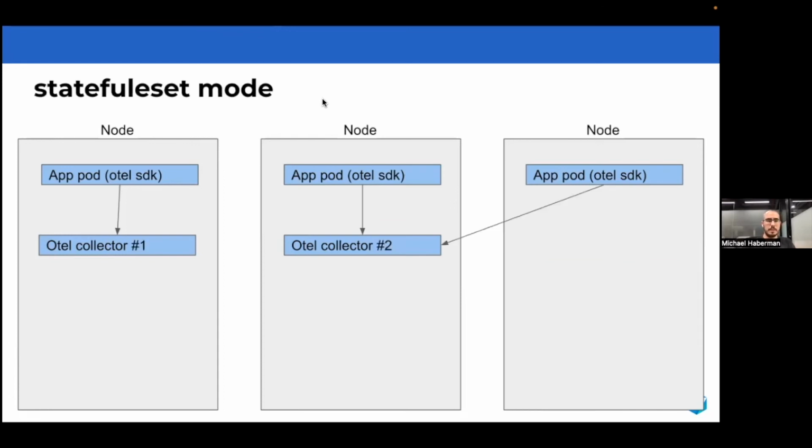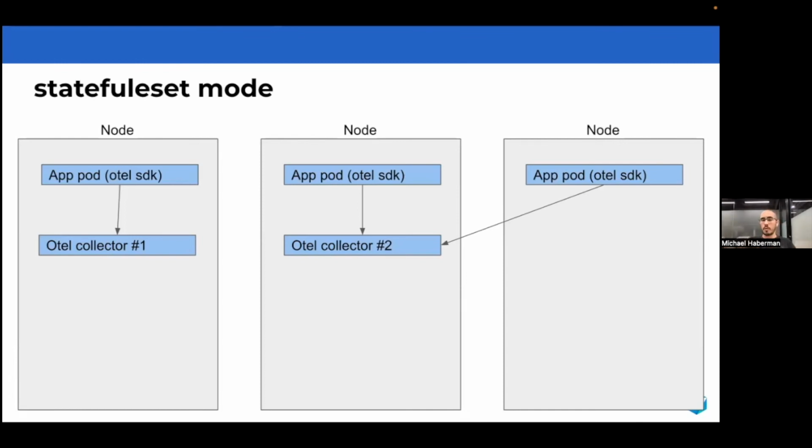Okay, then the third option is stateful set. This means you have a fixed amount of OpenTelemetry collectors running with static names. If, let's say, OpenTelemetry collector number 2 is crashing, then we spin up one with the same name.